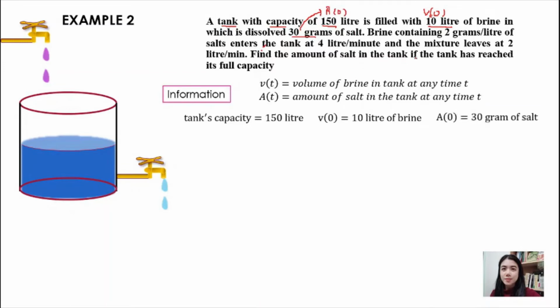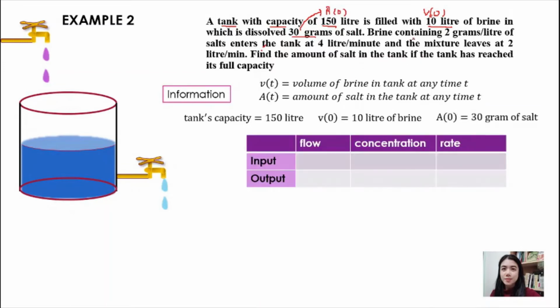And then let's just construct a table. So it says that the brine contains 2 gram per liter. This is actually your input concentration. So you have an input concentration of 2 gram per liter, fill in the blank in here.